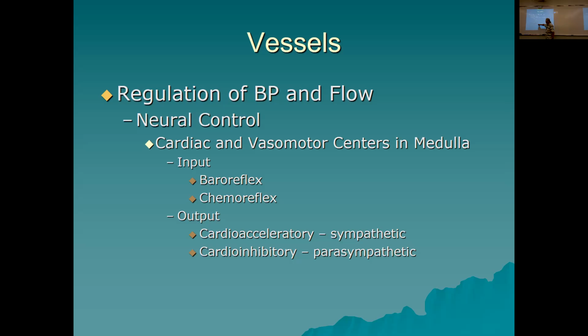Okay, output is sympathetic and parasympathetic fibers coming from the cardiac center in your medulla oblongata. Part of it is cardioacceleratory: if you stimulate that, heart rate will go up and blood pressure will go up. And that's sympathetic. Cardioinhibitory is parasympathetic. It will send out information along the vagus nerve, and it will cause your heart rate to go down. So that's the cardioinhibitory center.